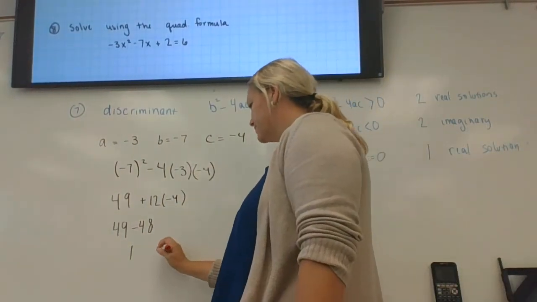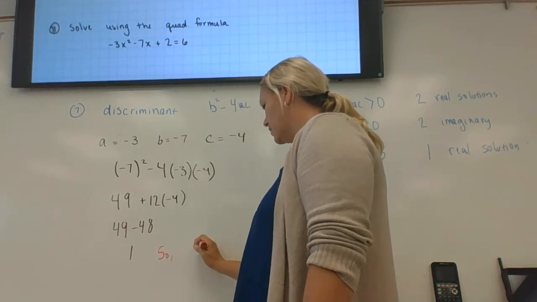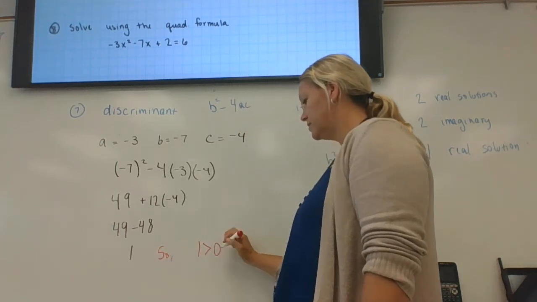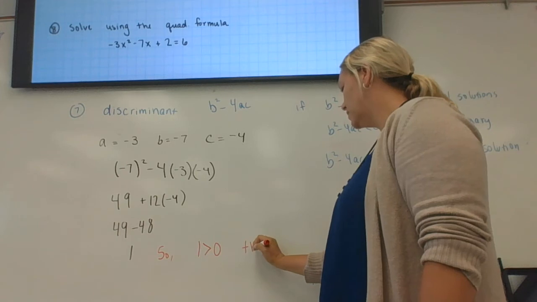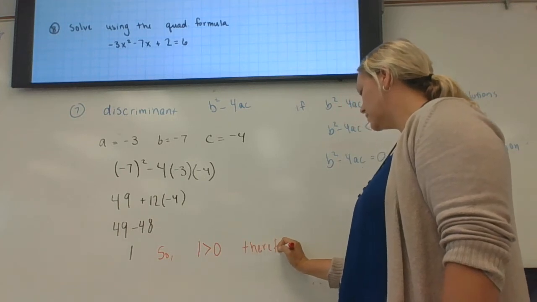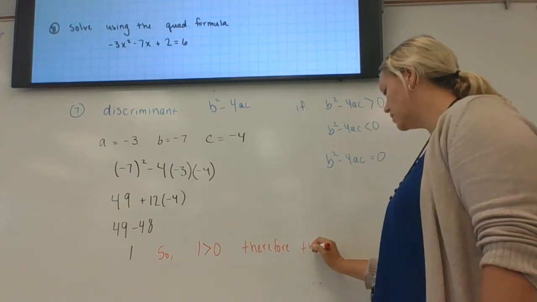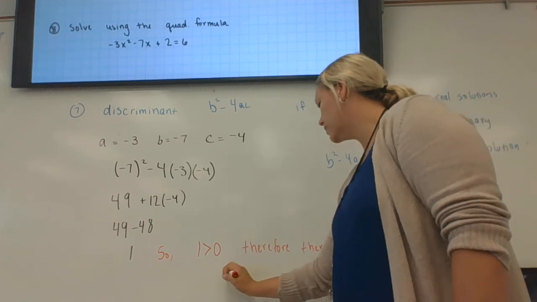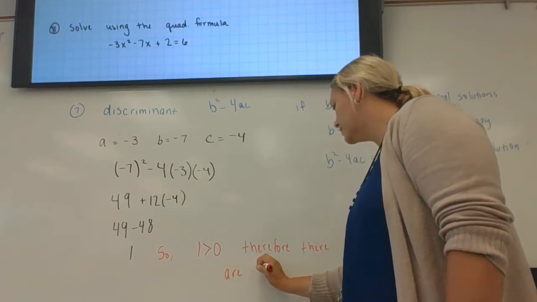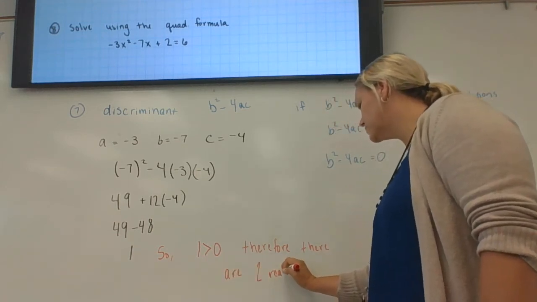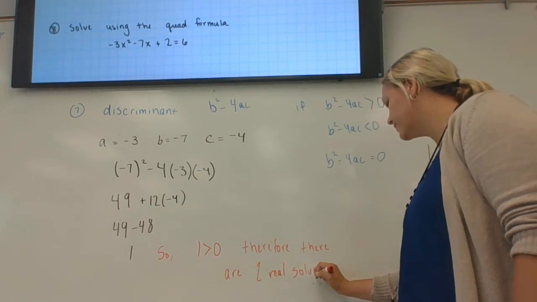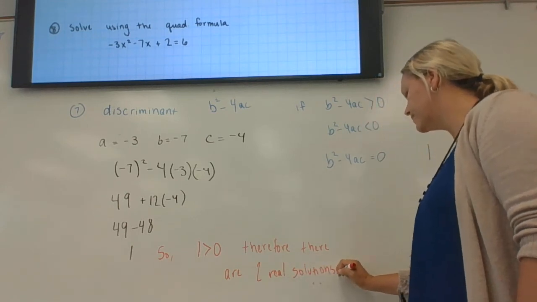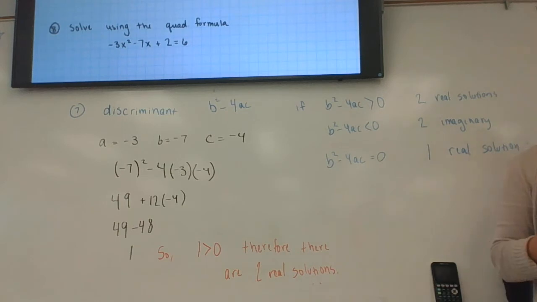So 1 is greater than 0. Therefore, there are two real solutions. That's the discriminant.